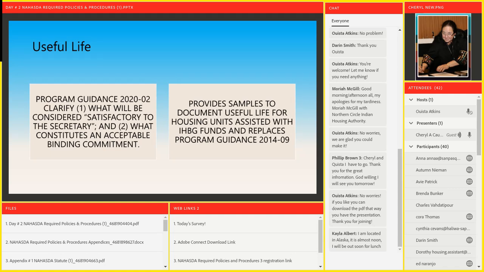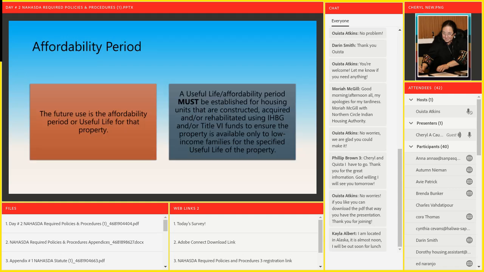Your program guidance, 2020-02, clarifies what could be considered satisfactory to the secretary, what constitutes an acceptable binding commitment. There was also in those guidance appendixes 2014-09, which provides samples to document useful life with housing units assisted with those funds. Your affordability period is the future use.